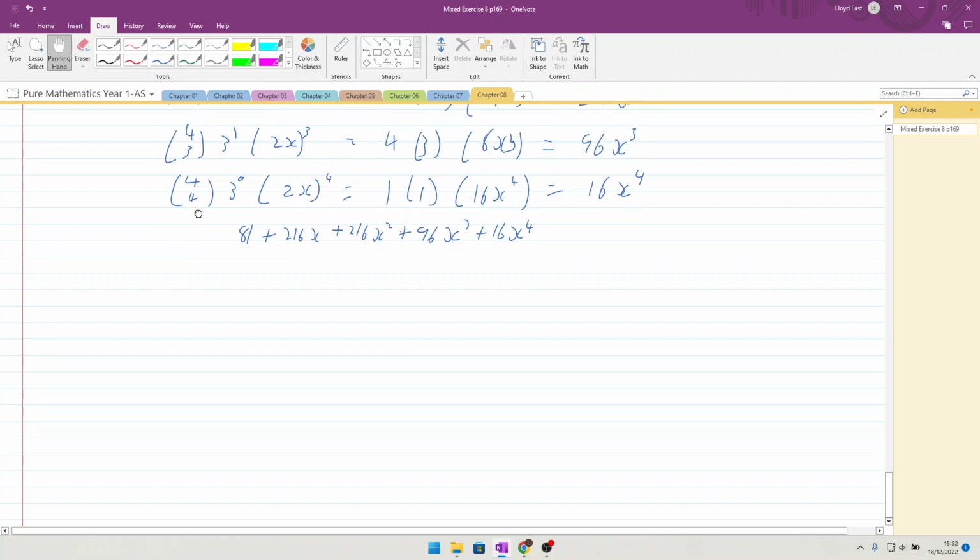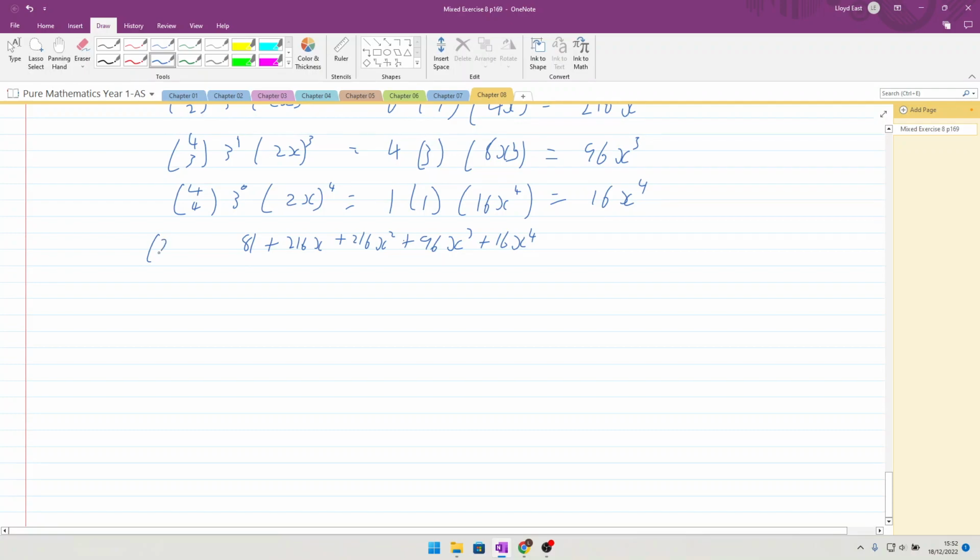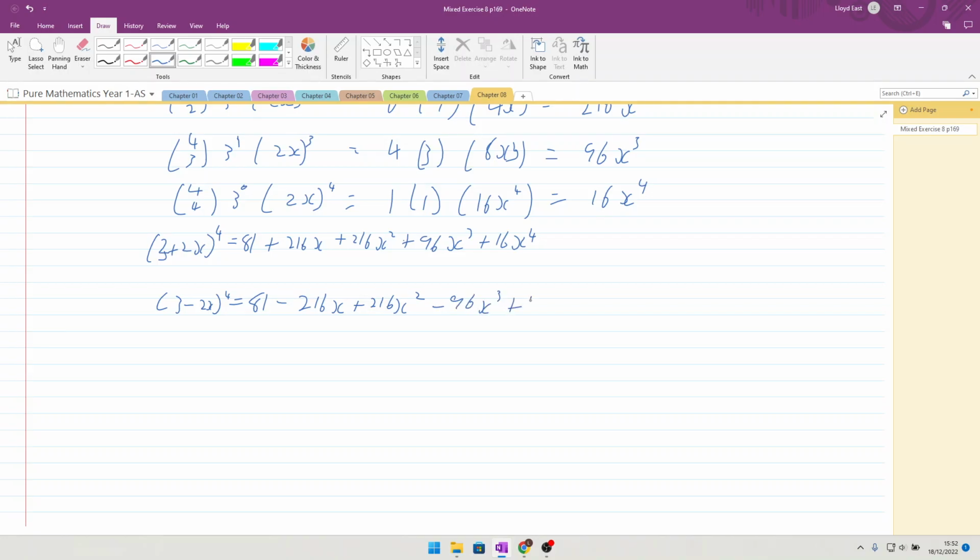Okay, so if that is equal to (3 plus 2x) to the 4, then (3 minus 2x) to the 4 is going to still be 81, but then we're going to get a minus 216x plus a 216x squared minus a 96x cubed plus a 16x to the 4.